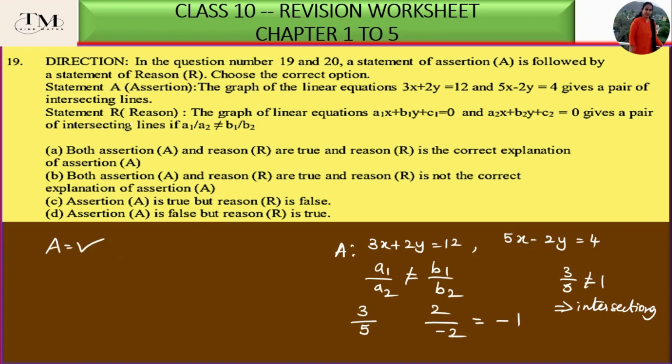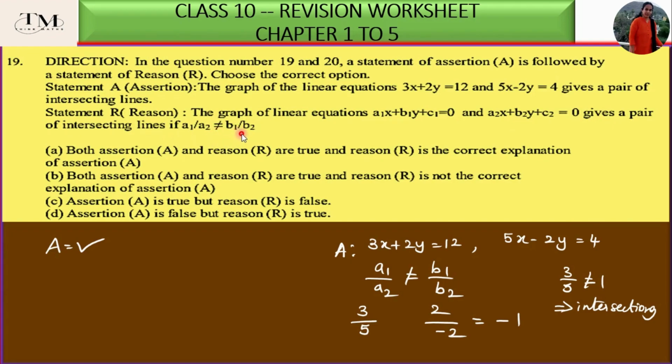Now what happens to reason R? What is given? The graph of linear equations a1x plus b1y plus c1 equal to 0 and a2x plus b2y plus c2 equal to 0 gives a pair of intersecting lines if a1 by a2 is not equal to b1 by b2.